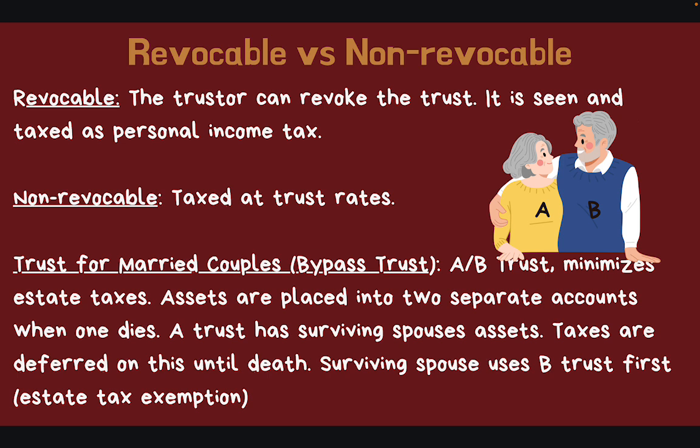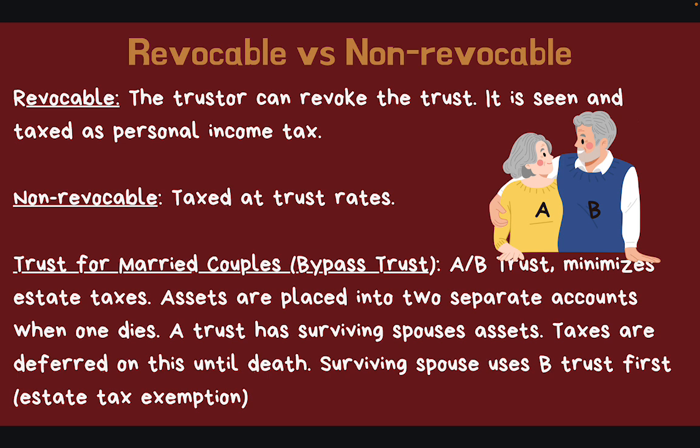Okay, so A trust has the surviving spouse's assets. So when person B dies, they divide up the assets. A's trust has the surviving spouse's own assets. The taxes are deferred on this one until death.